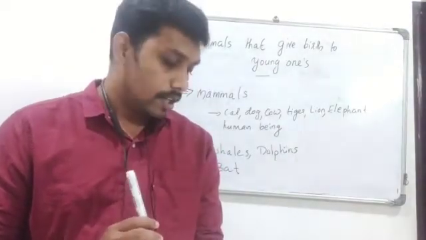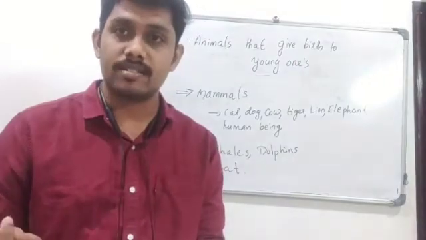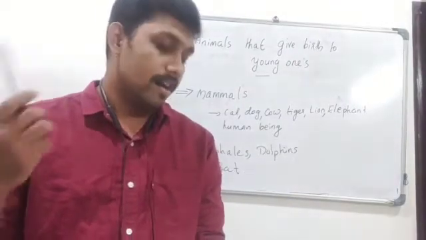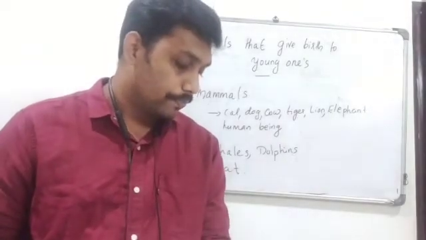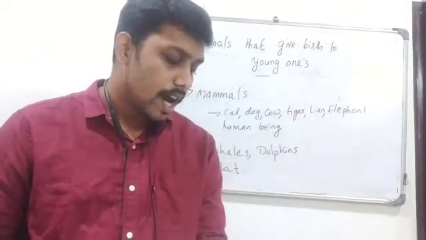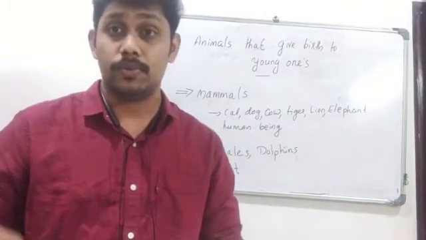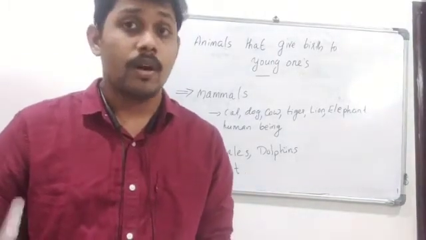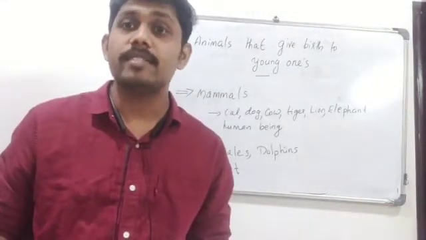The third one: the egg of a frog hatches into dash. That is tadpoles. The fourth question: dash are animals that give birth to young ones. I said so many times, the answer is mammals.